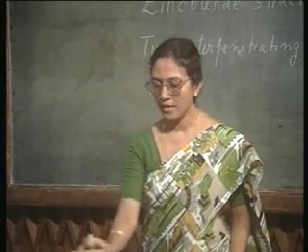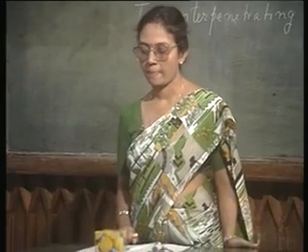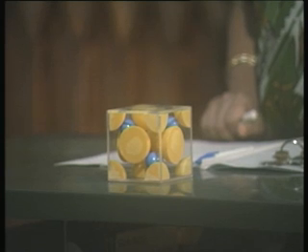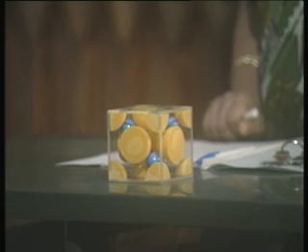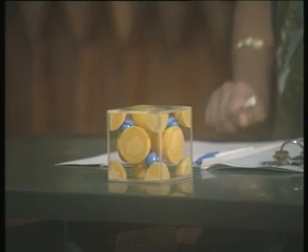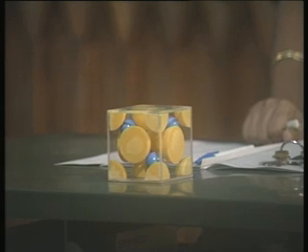Look carefully at this model. For the time being, forget about the blue balls and concentrate only on the yellow balls. What do you see? This is nothing but an FCC lattice, right.